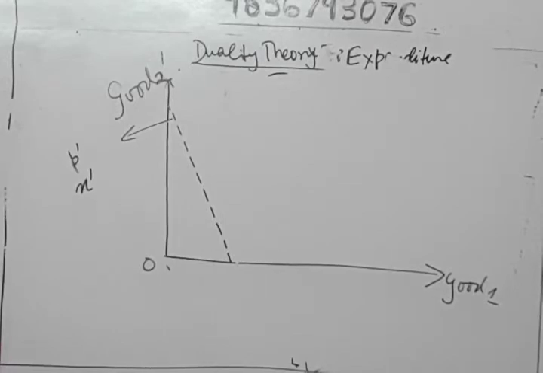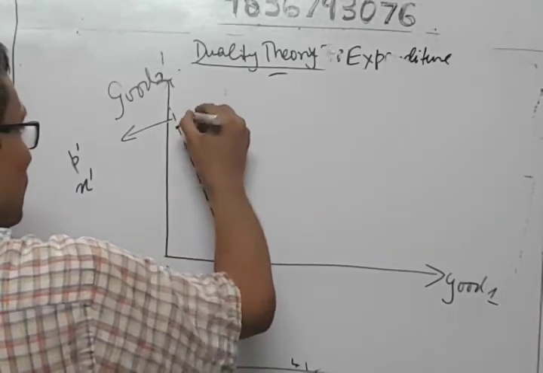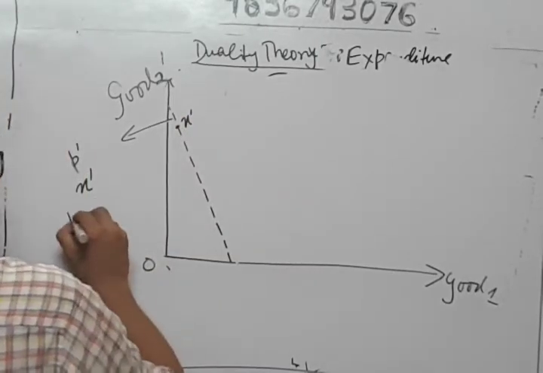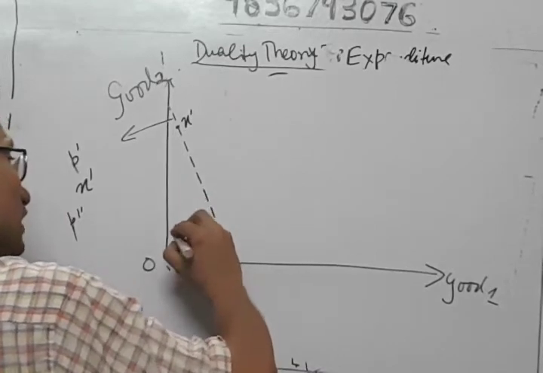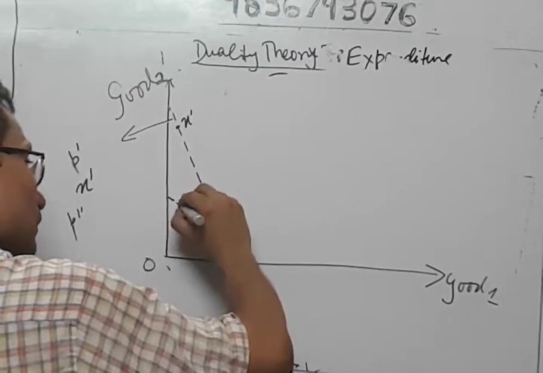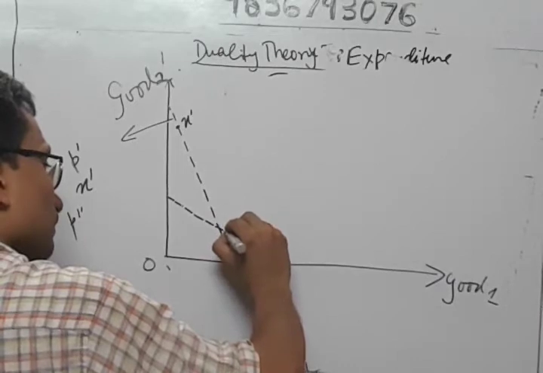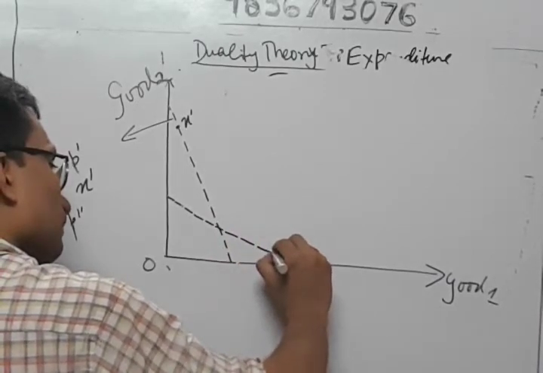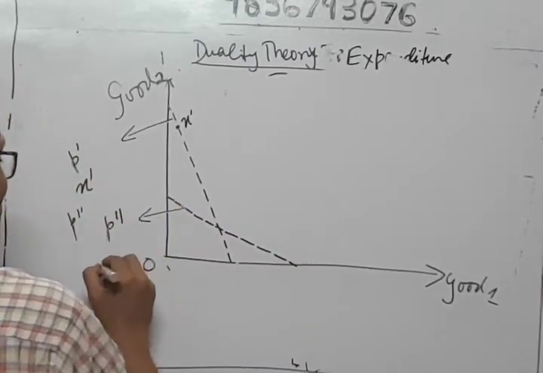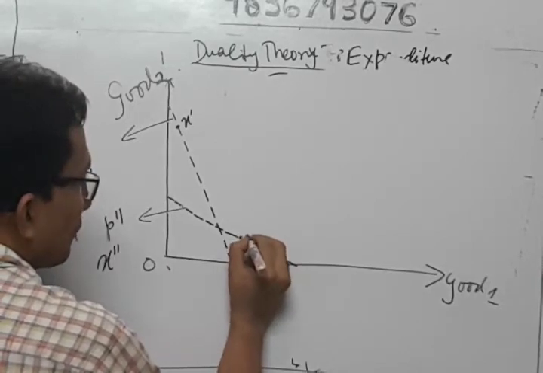Fine. So here this is my consumption bundle X'. Now subject to the price vector P'', my iso-expenditure line will be given by this one. So this is corresponding to the price vector P'', and it also contains the optimizing bundle X'', and let us assume that X'' is here.